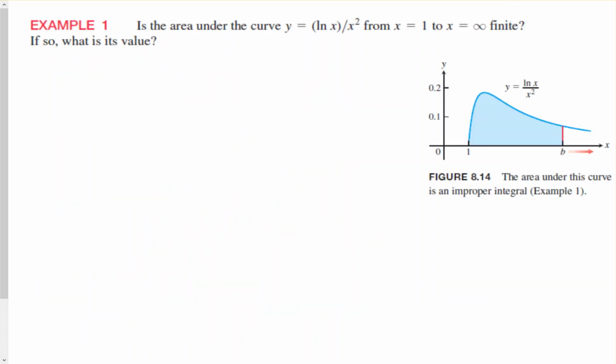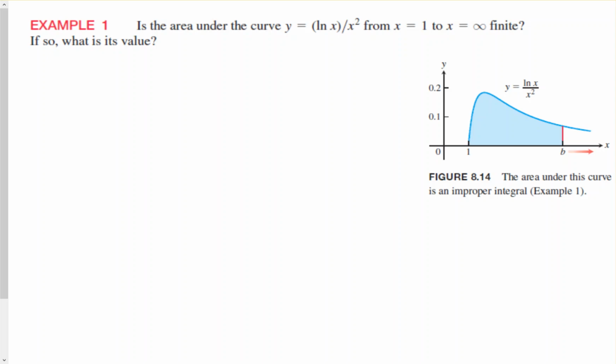Okay, so let's take a look at an example. So how do we set this up? Is the area under the curve of y equals ln x over x squared from x equal 1 to x equal infinity finite? If so, what is its value?